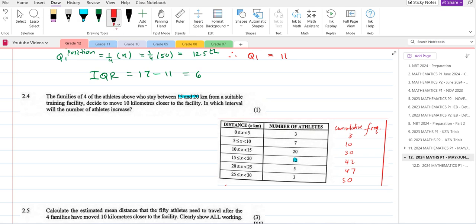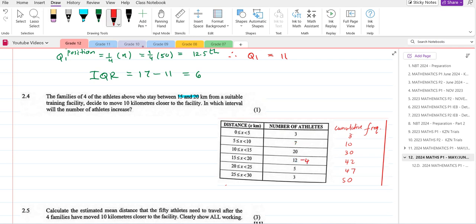So 4 of them from here, it's no more 12 now, it's going to be 8, moved 10 kilometers closer to the facility. So that's the distance away from the facility. So they moved here, no more 7, it's going to be 11, 7 plus 4.